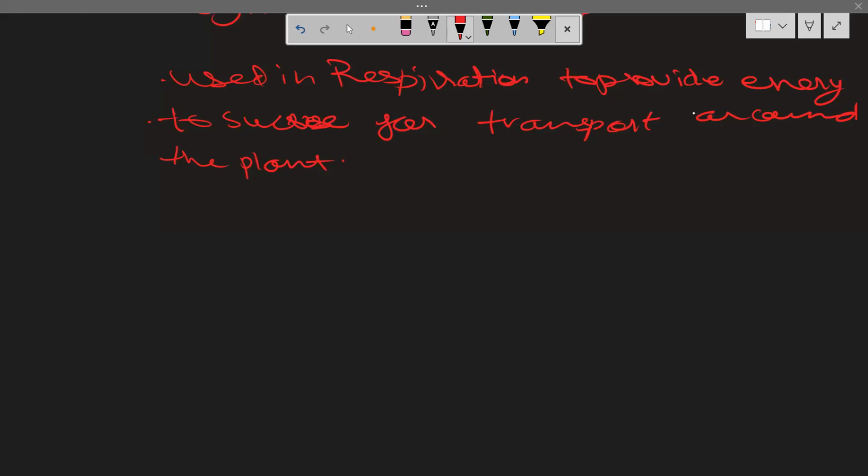Glucose that is not needed for respiration is turned into starch and stored or changed into other molecules.